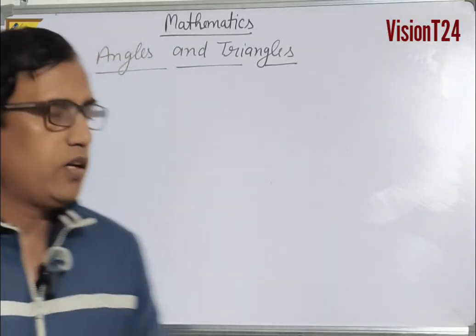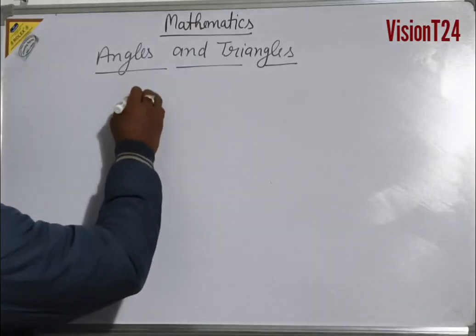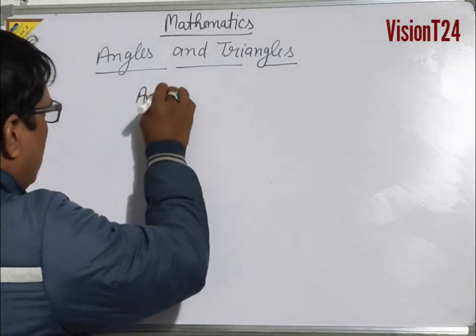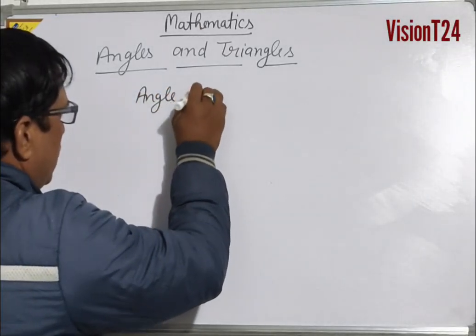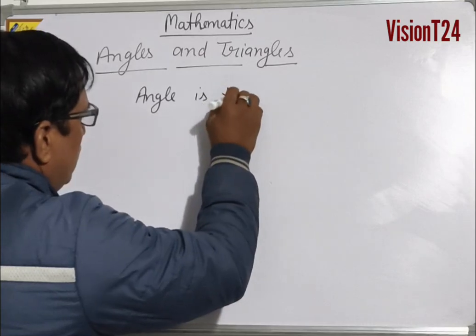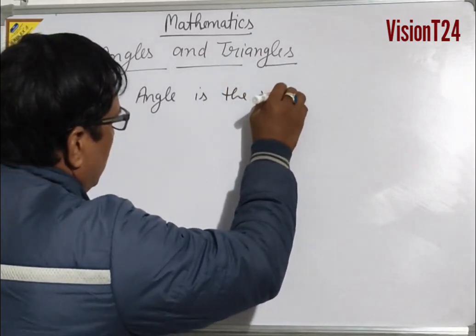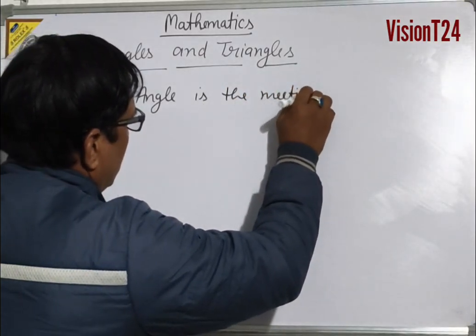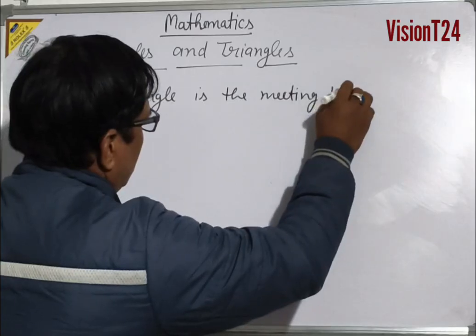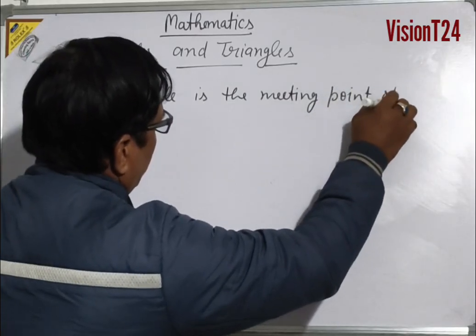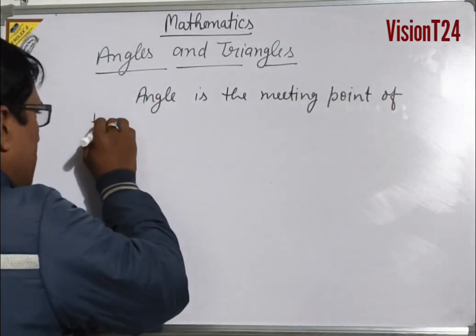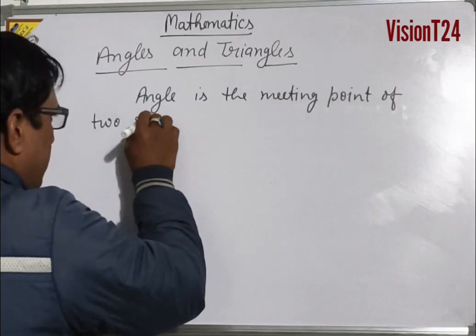Angle is the meeting point of two straight lines.